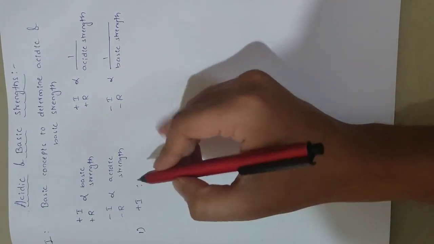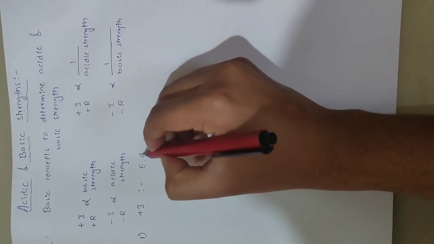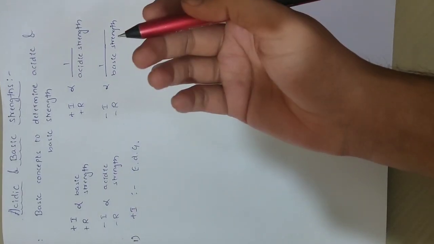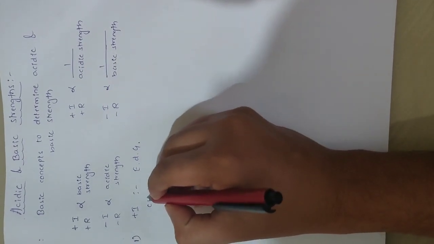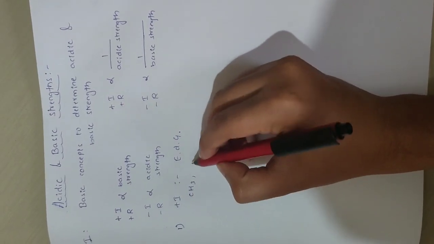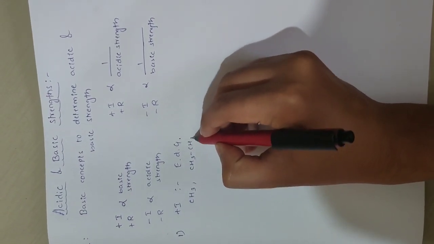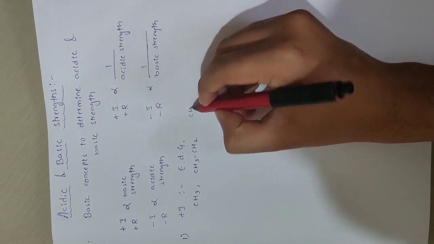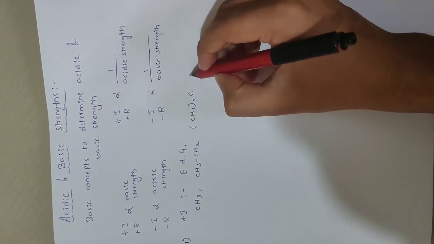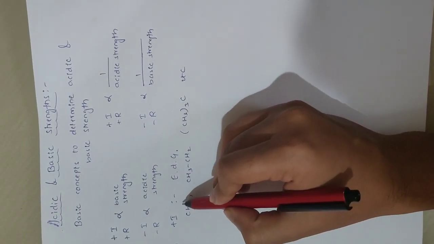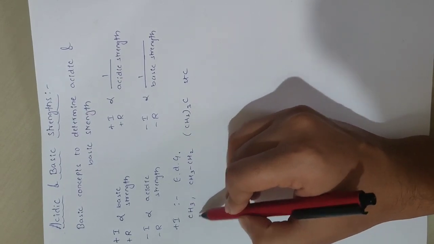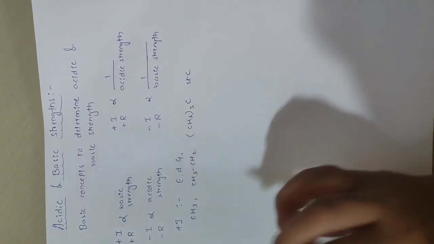Electron donating groups like CH3, C2H5, and tertiary carbon, when attached to a carbon atom, show the plus I effect. The examples are methyl, ethyl, CH3, CH2, and tertiary carbon. Once again, the plus I effect is whenever electron donating groups are attached to the carbon atom.